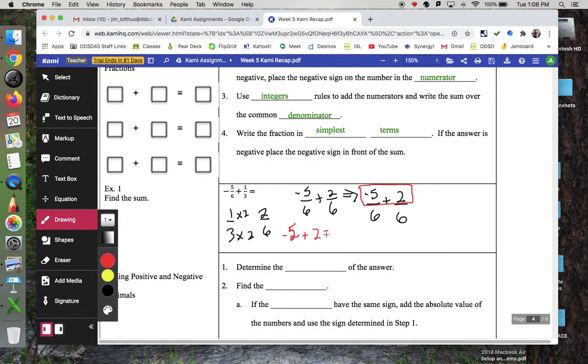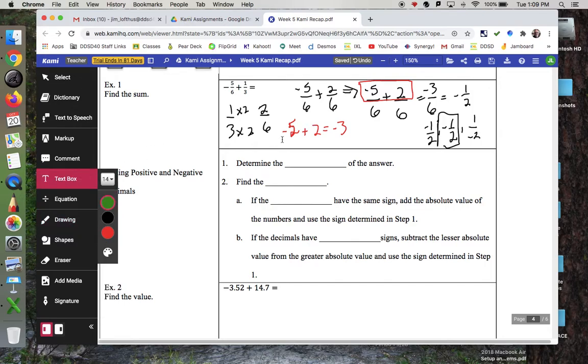There's more negative than positive, so that's -3. So that is -3/6, which can be simplified to -1/2. There's 3 ways we could write it: (-1)/2, -(1/2), or -1/2. This is the way we're usually going to see the answer.